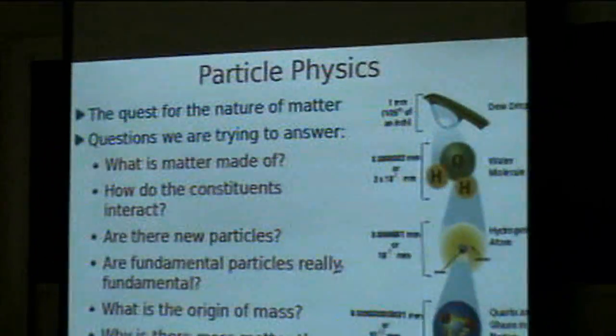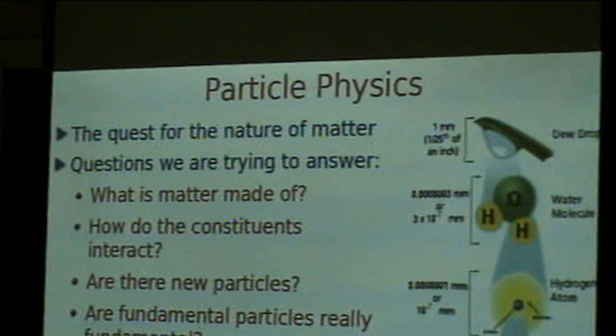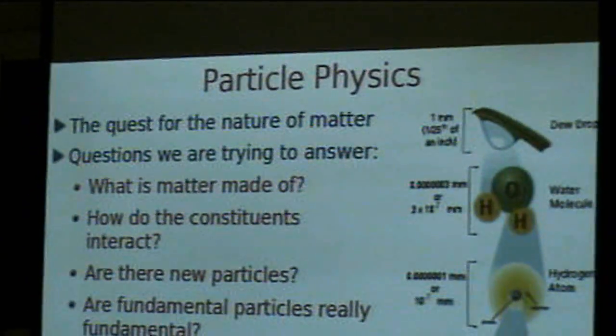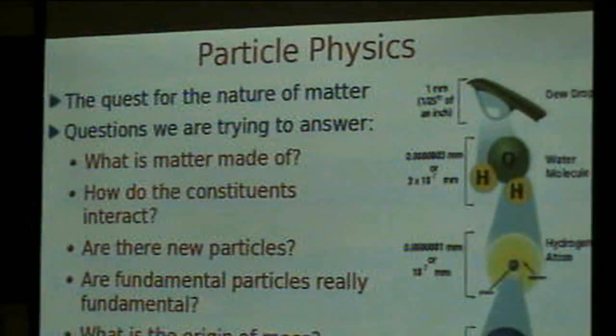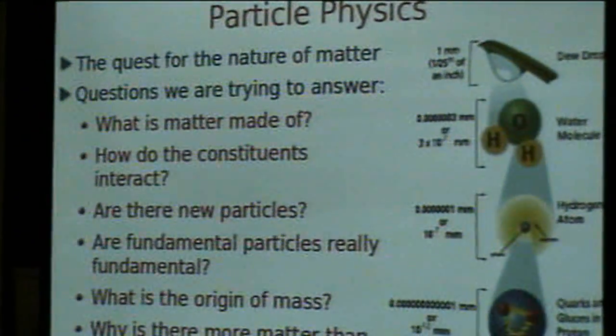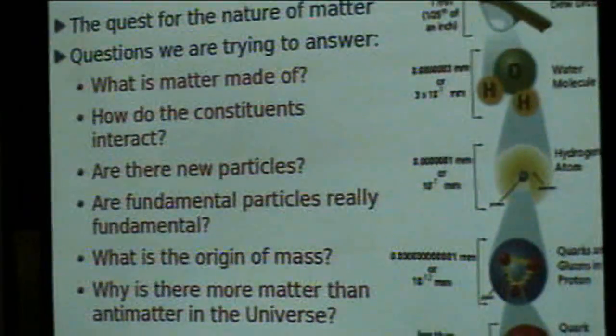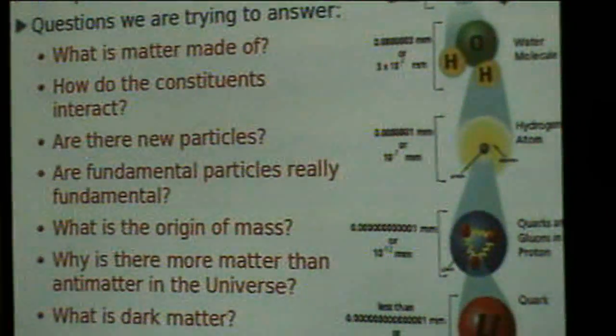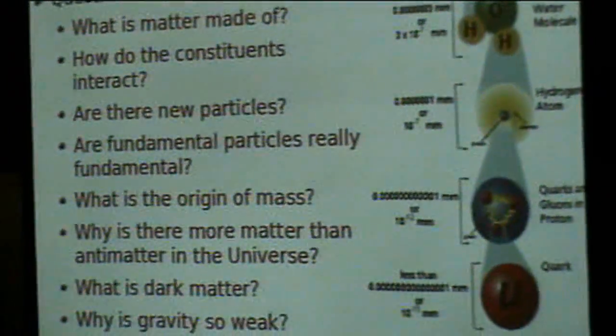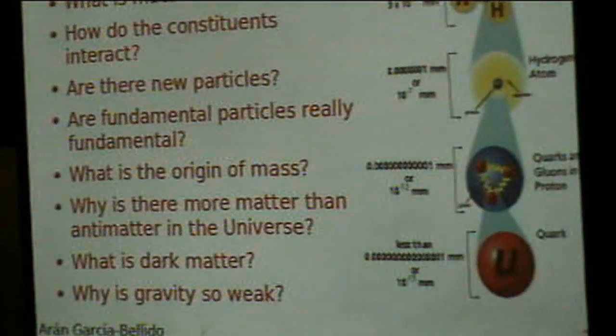So for particle physics, what we're trying to understand is basically the nature of matter. Okay, and there are many questions that, even though we're in the 21st century, we still don't know about this very basic question. For example, the ultimate goal is to actually understand what matter is made of.